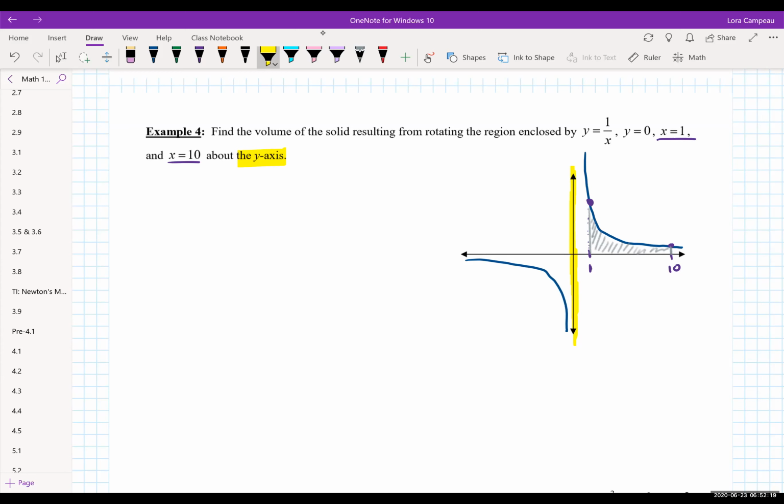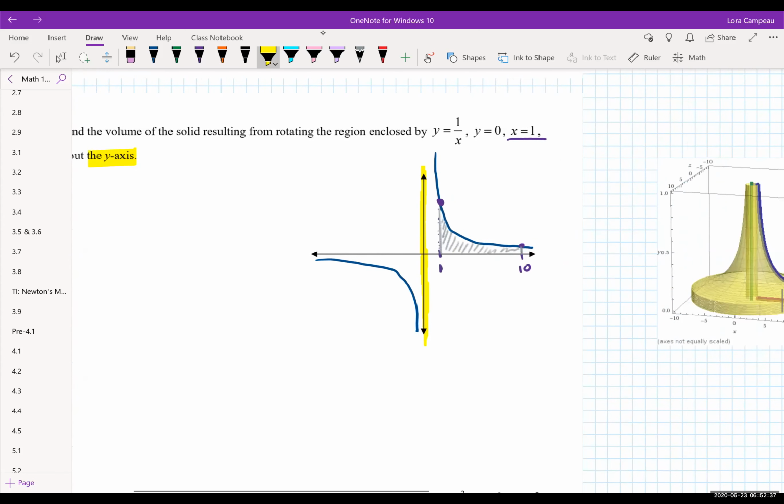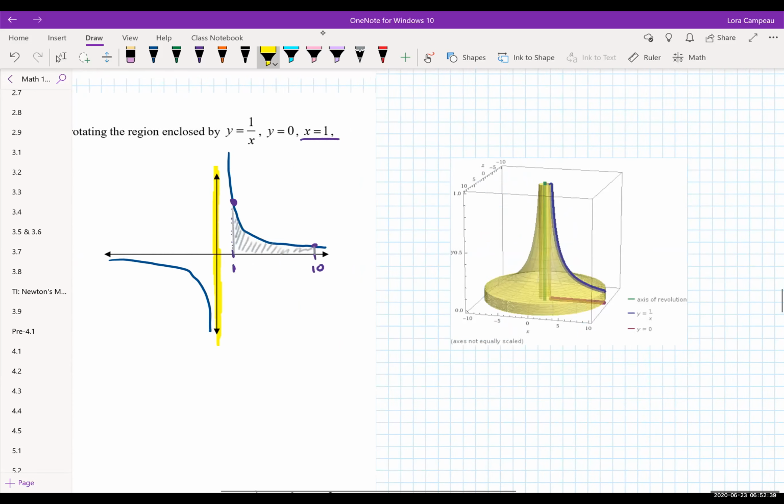Because we're trying to understand why we would use shells, again, if you tried to go perpendicular, you might be able to do it, but let's go with what we're trying to understand. When I do the rotation, it leads you to understand that the inside is empty.